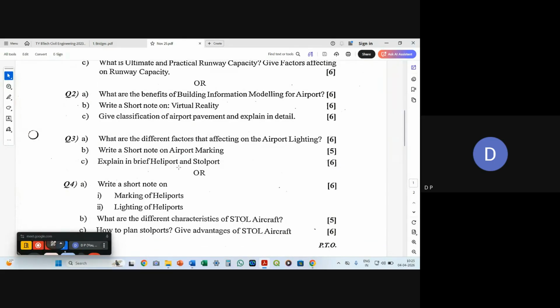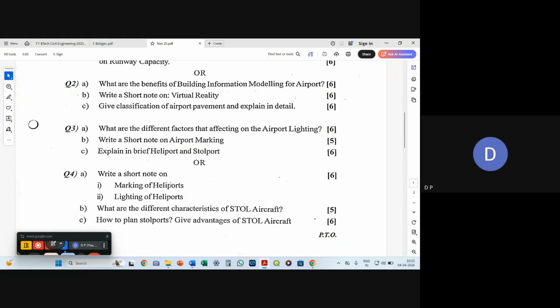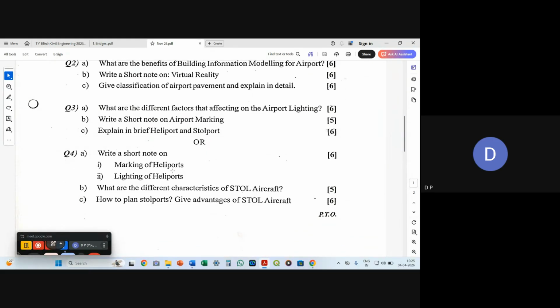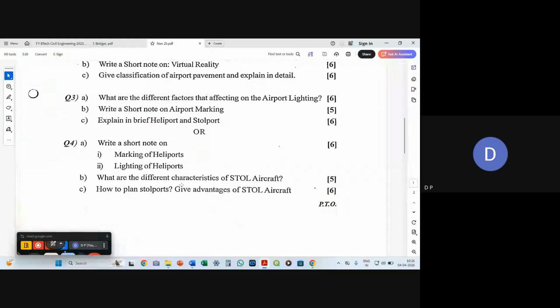So heliports are facilities provided for the landing and takeoff of helicopters. Then write a short note on marking of heliports, lighting of heliports. Like airports, heliports also can be lighted, or light facility marking will be done.